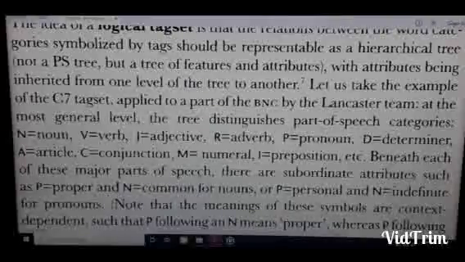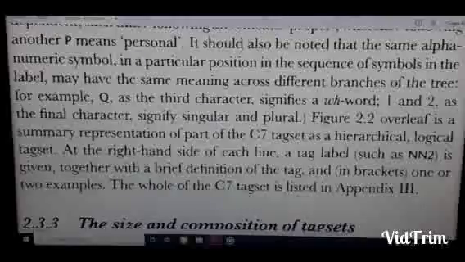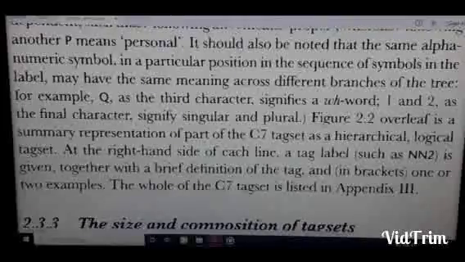Note that the meanings of these symbols are context dependent, such that P following an N means proper, whereas P following another P means personal. It should also be noted that the same alphanumeric symbol in a particular position in the sequence of symbols in the label may have the same meaning across different branches of the tree.